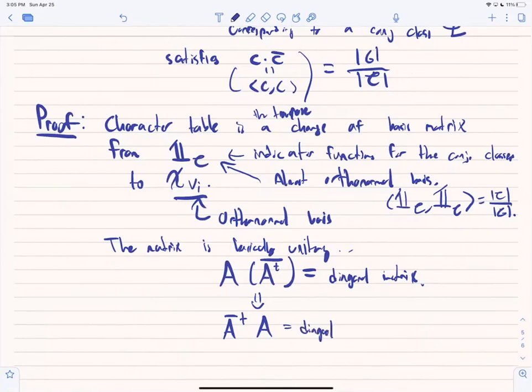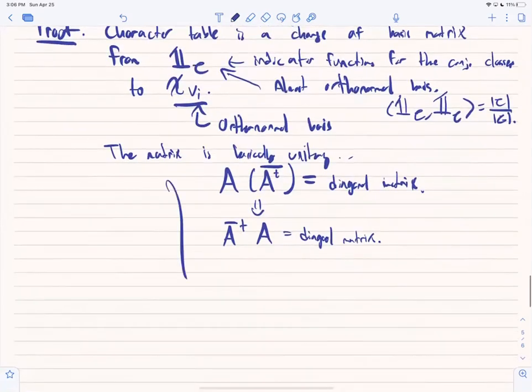The idea is, if I write A star is equal to A transpose bar, then unitary means A star is equal to A inverse.